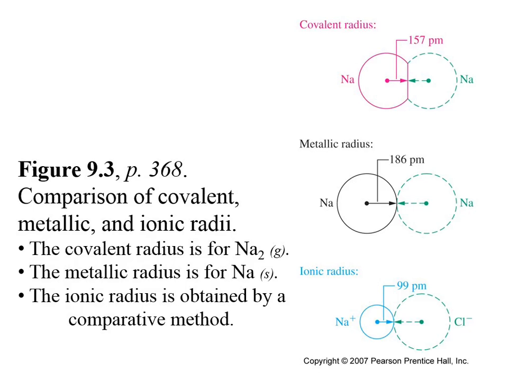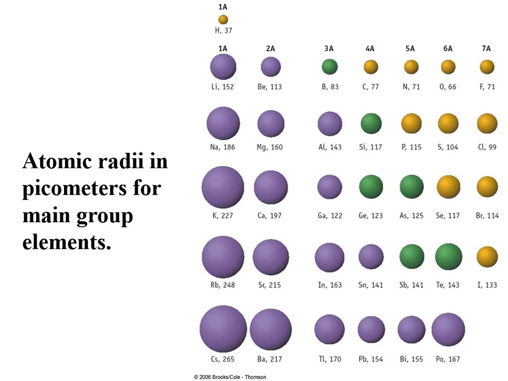The radius of an atom is where you start at the nucleus and go out to the edge of the electron cloud. So the radius of a sodium atom is 157 picometers. The atom itself is 186 picometers. You get the idea there.